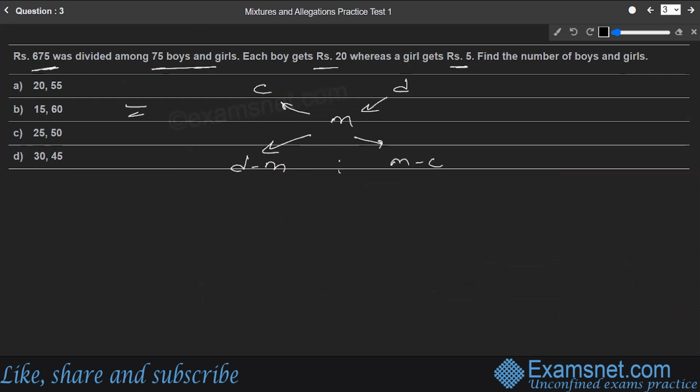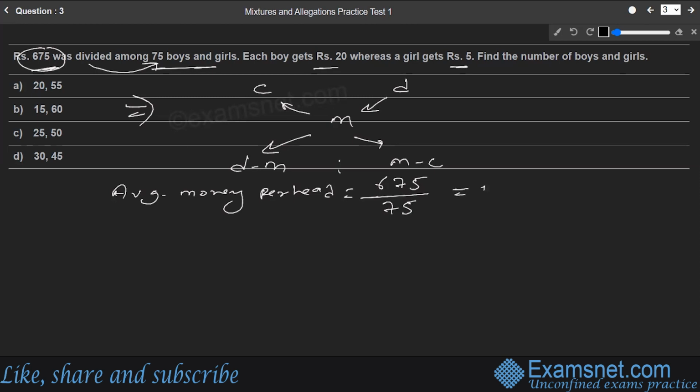So we can again make use of this allocation method. How can we do that? See, rupees 675 was divided amongst 75 boys and girls. So the average money per head, either to a boy or to a girl, was total money 675 divided by total number of boys and girls together, 75.